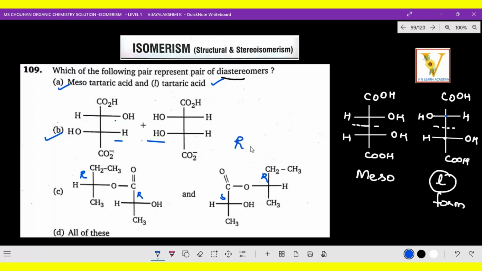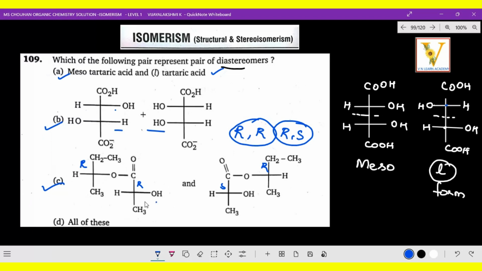So R and R, and S. One has changed, the other one is common. Like one is fixed, the other one is changing. So this also is diastereomers. That means all three pairs are diastereomers only.